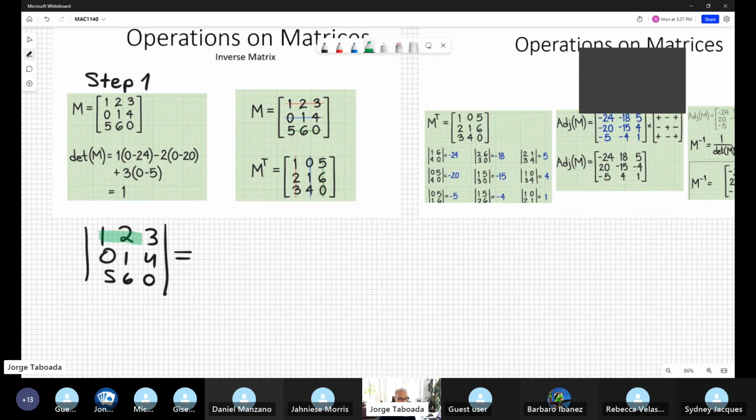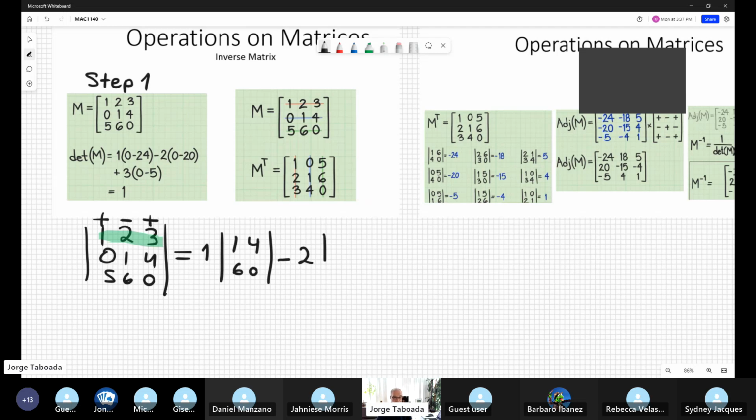So 1 is the first entry, multiplied by the minor, okay, the minor is 1, 4, 6, 0. Well, we continue now walking along the first row. The second guy is 2, but actually minus 2 according to the position of the cofactor. Remember the sign of the cofactor is plus, minus, plus.